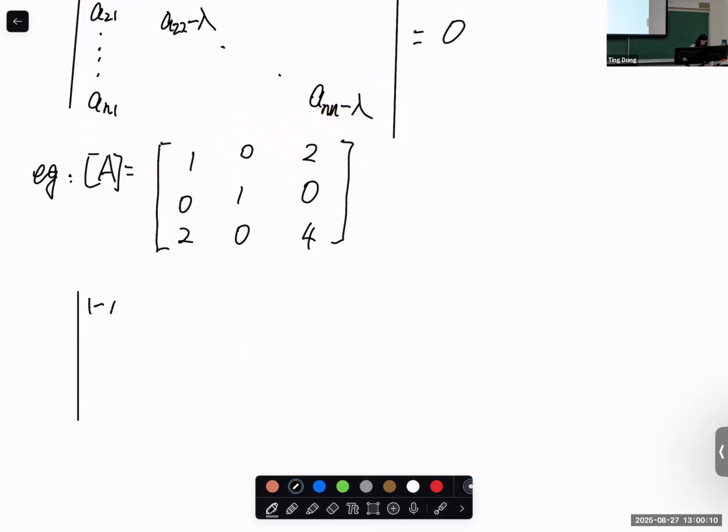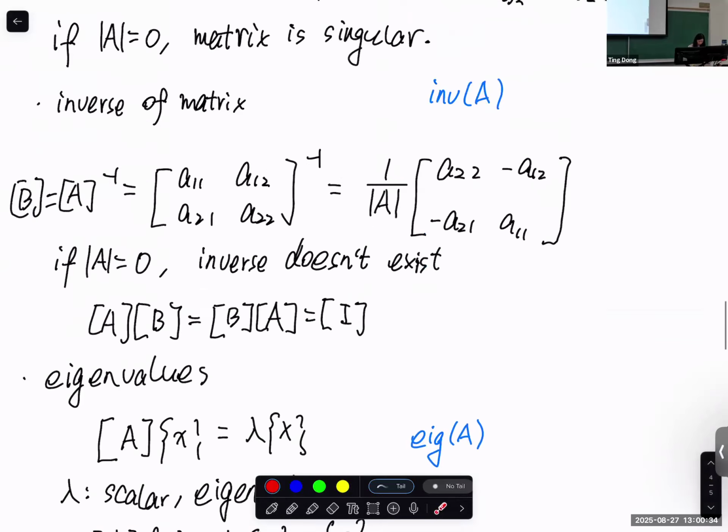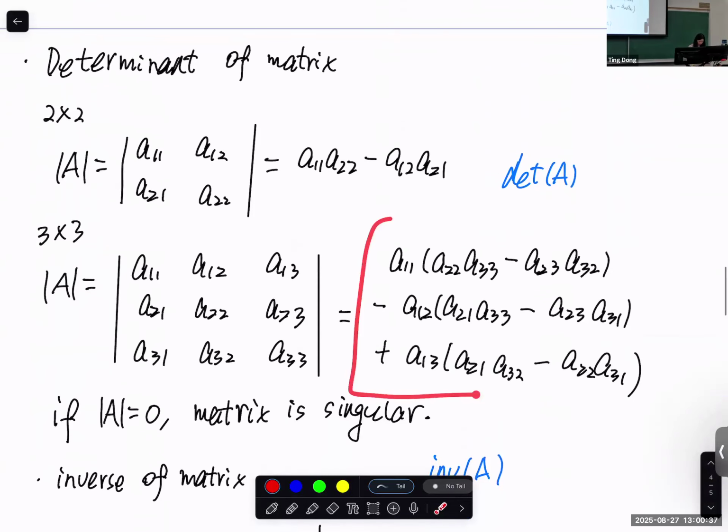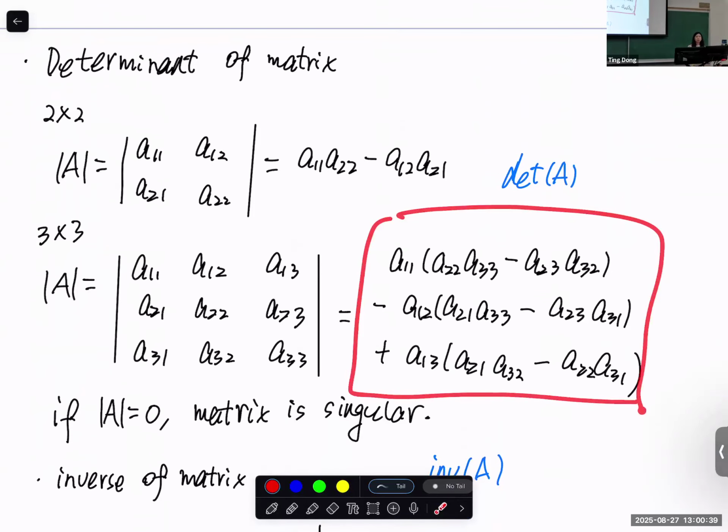So it becomes 1 minus lambda, and this diagonal term, same thing. And all the off diagonal terms, since the identity matrix off diagonal terms are 0, this maintains the same. And we need to make this determinant equal to 0. So back to our definition of how to calculate the determinant, this is the equation, and of course, this equation will be provided in the exam.